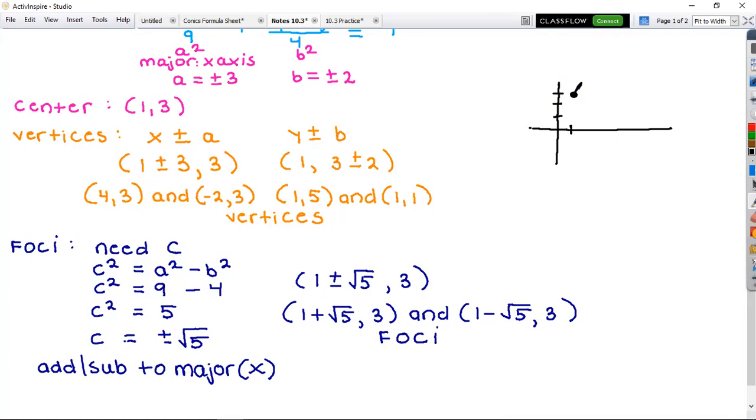And then what I do is I'm going to go over the 3. And then this way too. So I have -2, 3 is my other vertice. And then 1, 5, 1, 1. So it kind of looks like this.